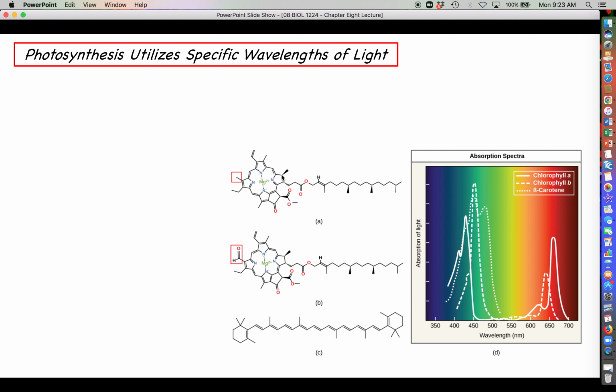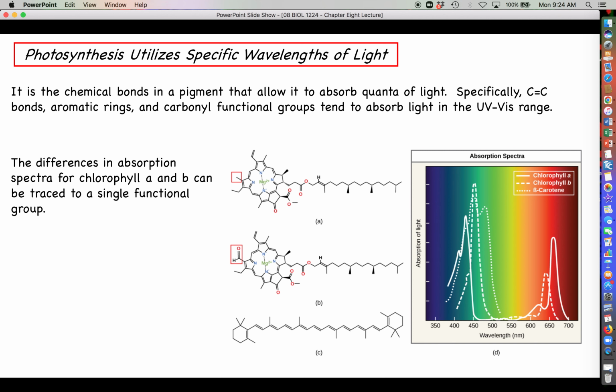But compare and contrast the molecular structures of chlorophyll A and chlorophyll B. Literally the only molecular difference is that chlorophyll B contains an aldehyde functional group right here, whereas that functional group is not present in chlorophyll A. That one seemingly very minor substitution in a molecule that looks almost identical is enough to shift the absorption spectrum of A very differently from chlorophyll B. So that little difference is enough to produce very different behaviors in how these two pigments absorb light.